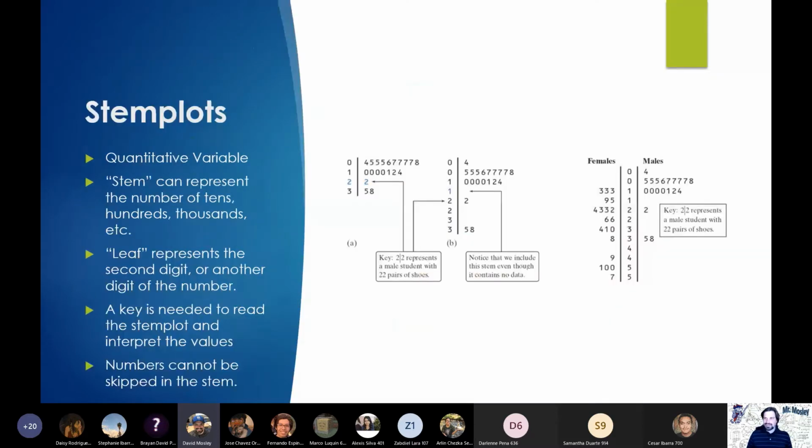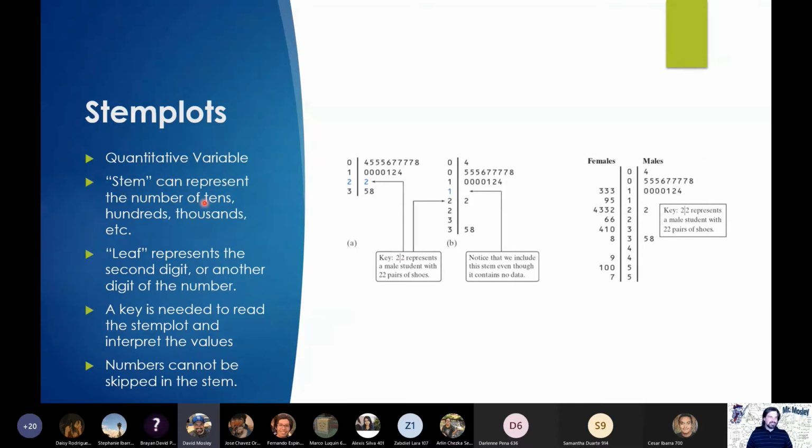All right. Next thing, talking about stem plots. This was having to do with one of the questions on the week 6 CYU about what values you would use on a stem plot. All right. So a quick review of stem plots. Stem plots are for quantitative variables.